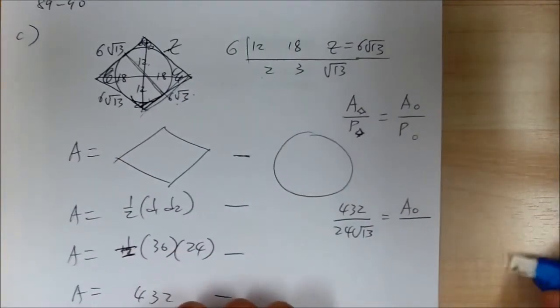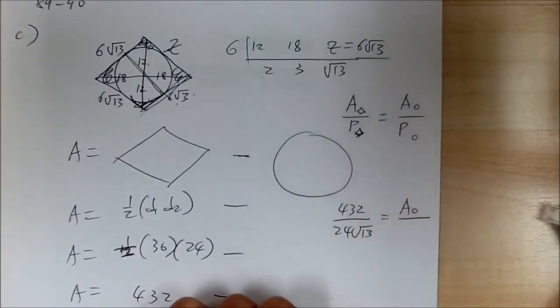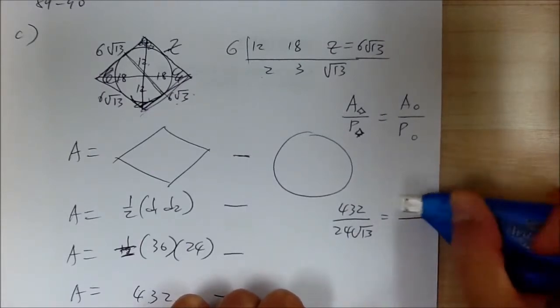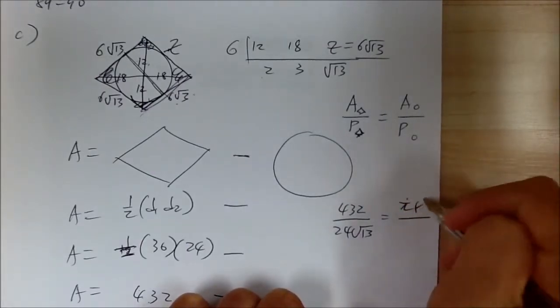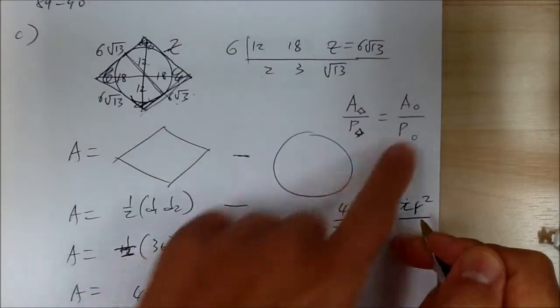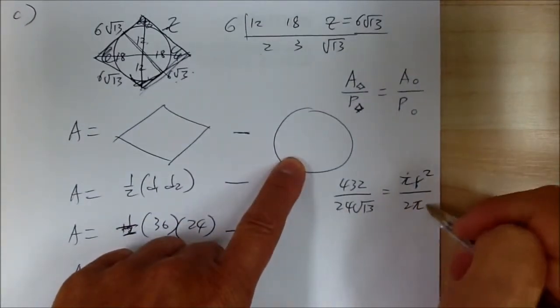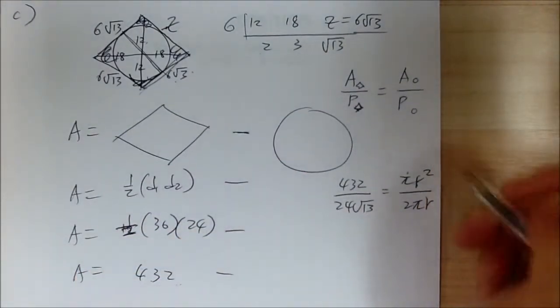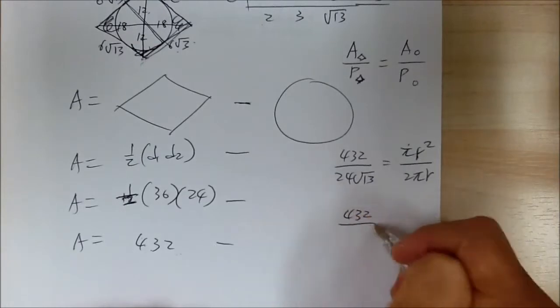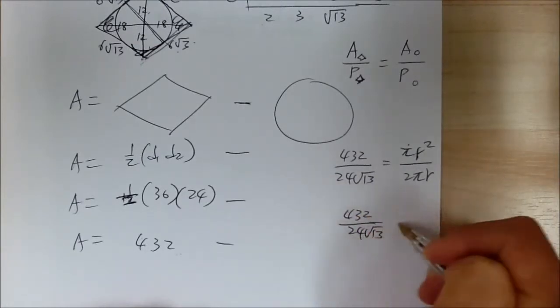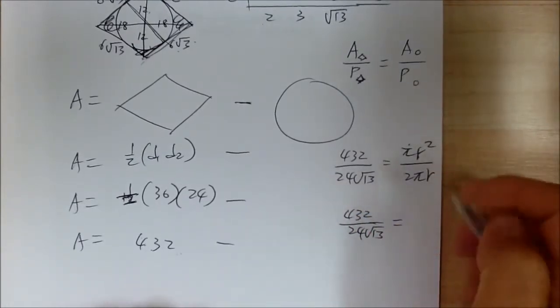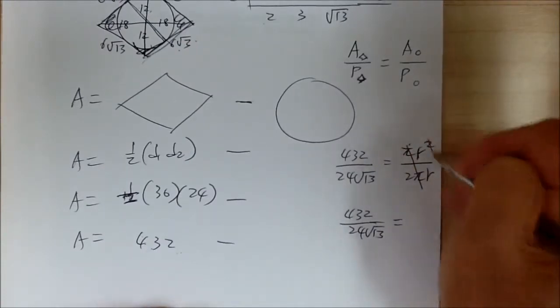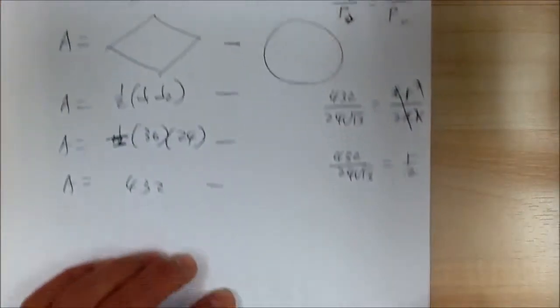Well actually, the area of the circle is pi r squared, and the perimeter of the circle is 2 pi r. So when you cancel things out, you can see 432 over 24 square root of 13 is equal to, so this cancels out, r over 2.